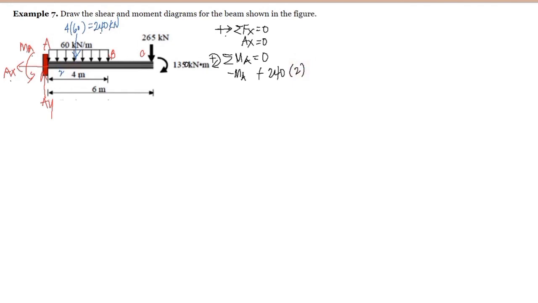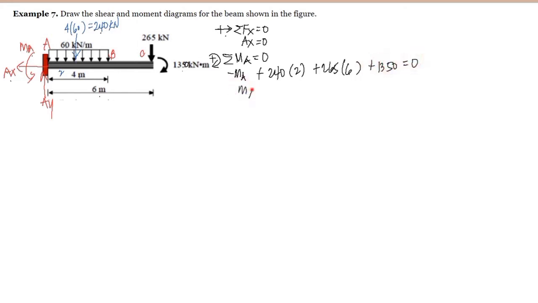And this 265 here will create a clockwise rotation, so that's positive 265 multiplied by the distance of 6 meters. And this couple here at the free end, which is 1350 kilonewton meter, is positive because it is clockwise, and this is equal to 0.